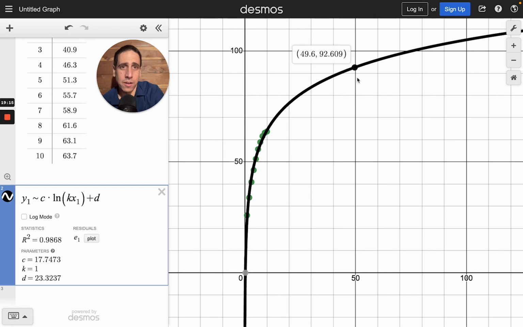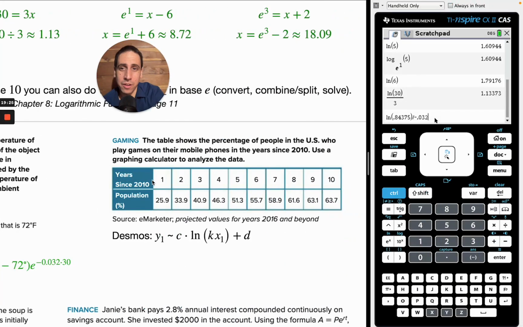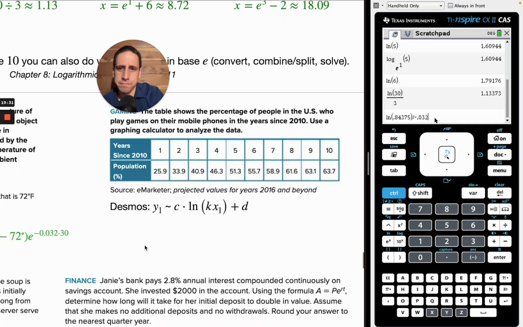So here, 50 years later, we're at 92%, which is kind of high. I wonder what the current year is. If you put in years, how many years are we now since 2010? And so you can put that in and find out.